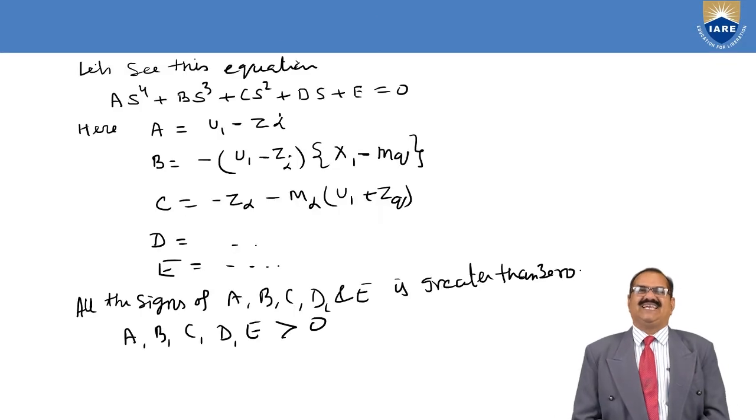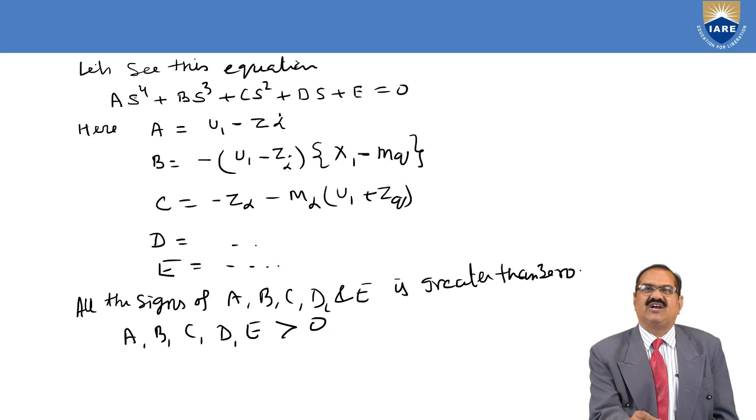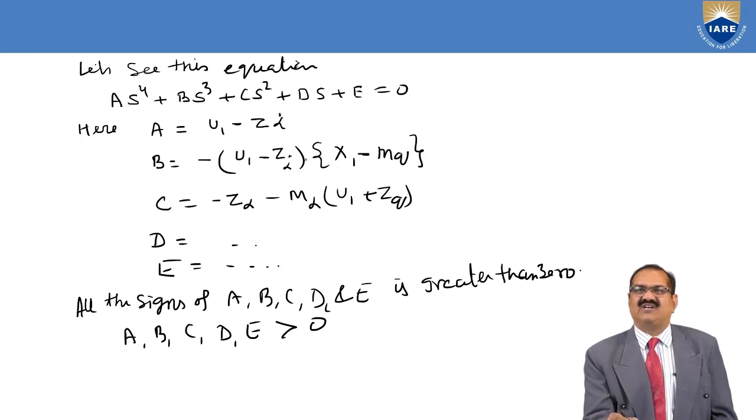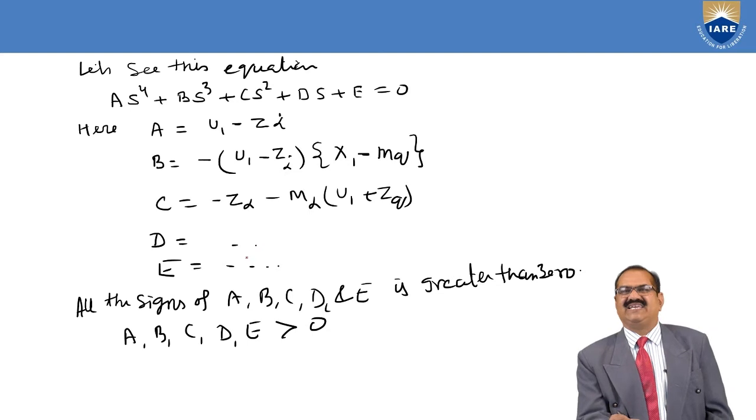Let's see this equation. Here we have the equation A s to the power 4 plus B s cubed plus C s squared plus D s plus E. This is the fourth order equation. Here A is equal to U1 minus Z alpha dot, B is equal to minus U1 plus Z alpha dot, X1 minus M q, C is equal to minus Z alpha dot minus M alpha U1 plus Z q, and in the same way D and E also.